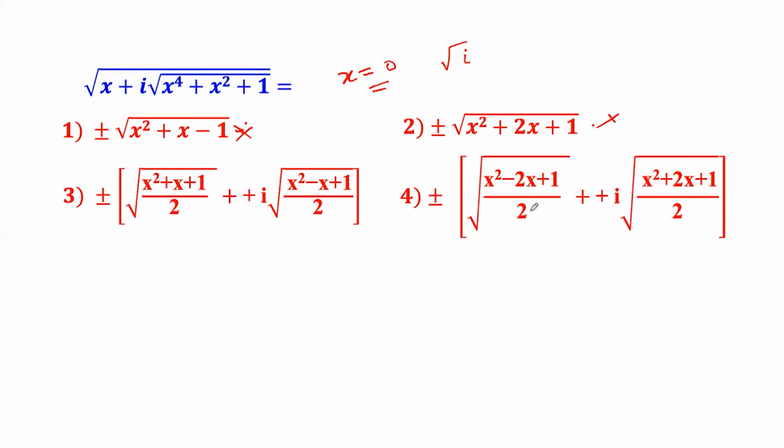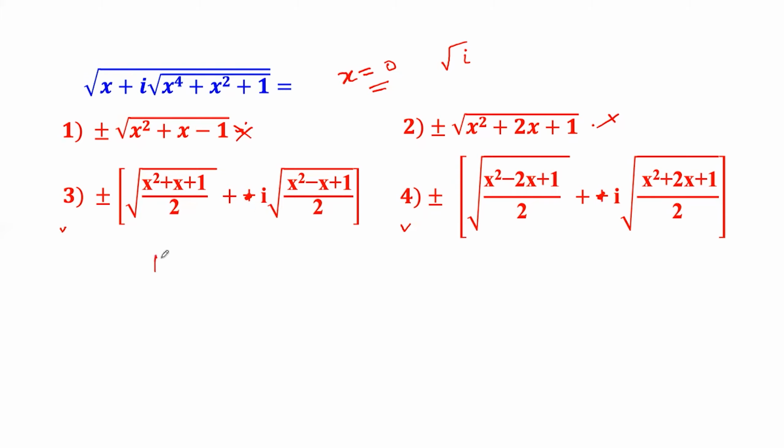At 0, this may be 1 by root 2 plus, there is a plus sign, plus i times 1 by root 2. So see, in both cases we are getting the same answer if I'm putting 0. So maybe this would be the answer, maybe that would be the answer, but we are not sure. So for x is equal to 0, we have eliminated this and we are getting two options, either 3 or 4, right?